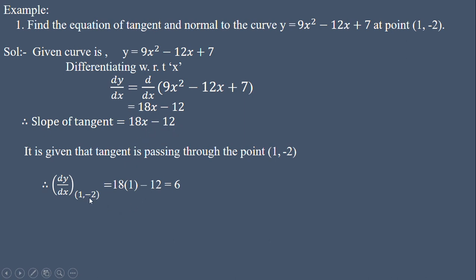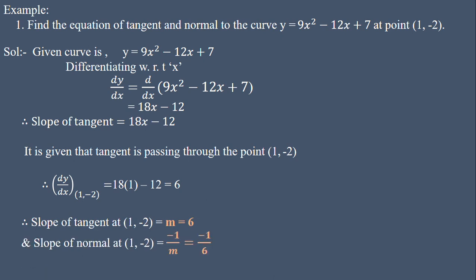Means we can substitute that point in the slope of tangent. So what is that slope at that point? It is 18 into x, x is 1, minus 12. There is no y in your dy by dx, so y we are not going to substitute. So the value is 6. 6 is the slope of tangent, is the value of m. Okay, so m is 6.